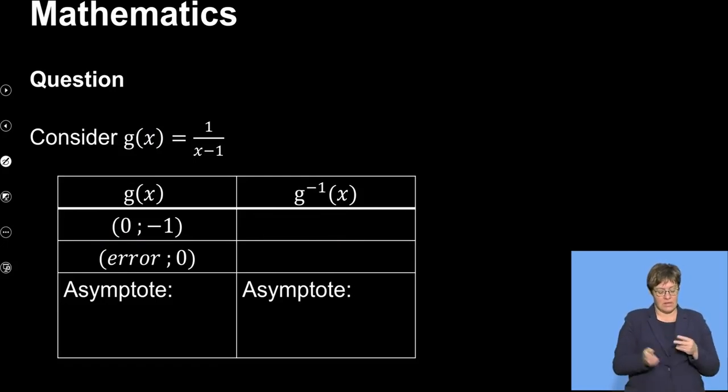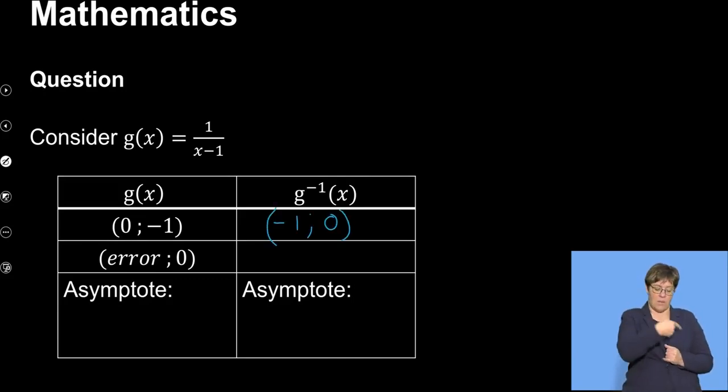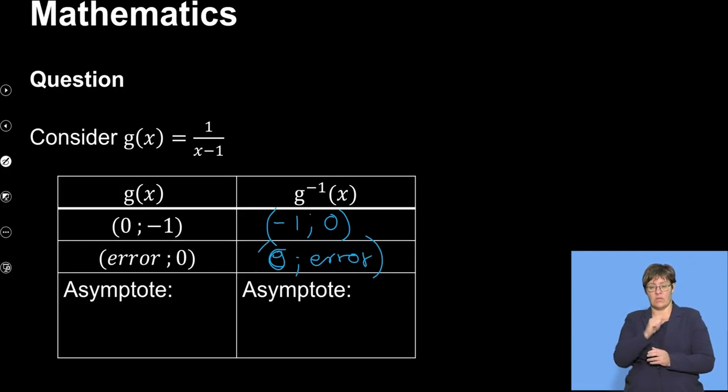And then the second one was this one here, right, which is g of x and the inverse. Our y-intercept was 0 and minus 1, so it will be minus 1 and 0. And then our x-intercept was error and 0, so it is going to be 0 and error, right, because x cannot be there.